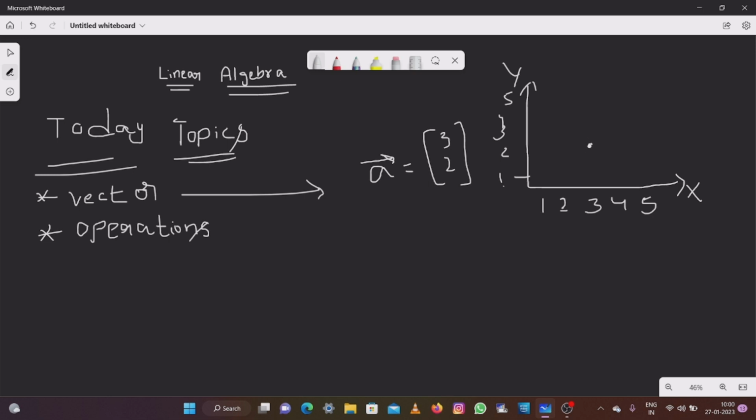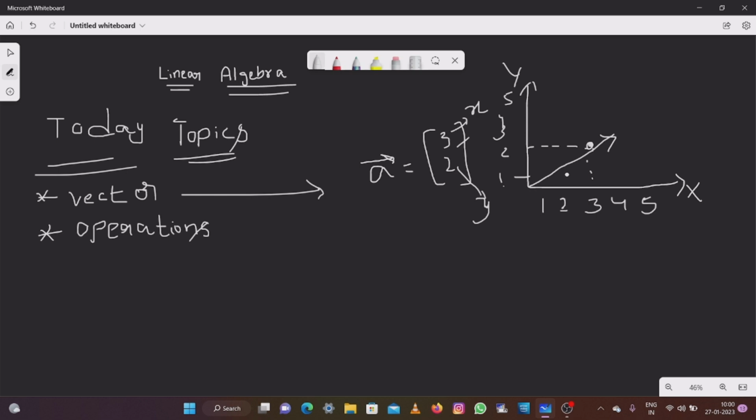Here it is x, and here it is y. On the x-axis I have taken 3 and on the y-axis I have taken 2. So this is a vector, and we simply draw a line from the origin. It is drawn as a straight arrow.